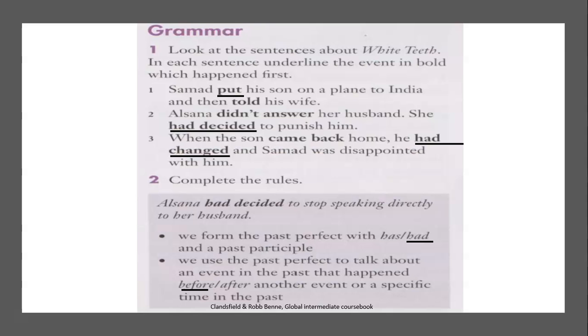So again, if you take the example of number two, she had decided to punish him. That happened before another action in the past, which was that she didn't answer her husband, right? That is in the past simple.